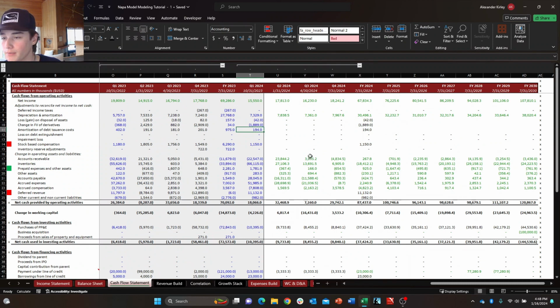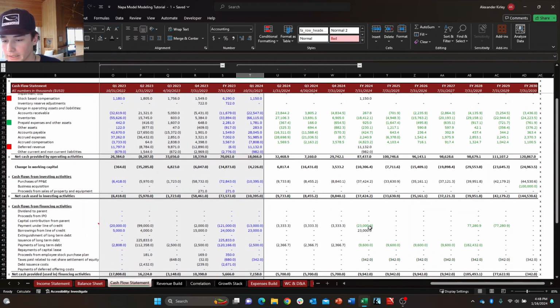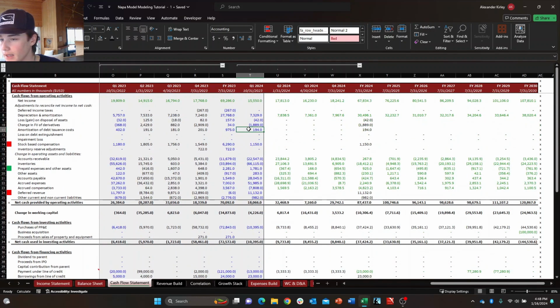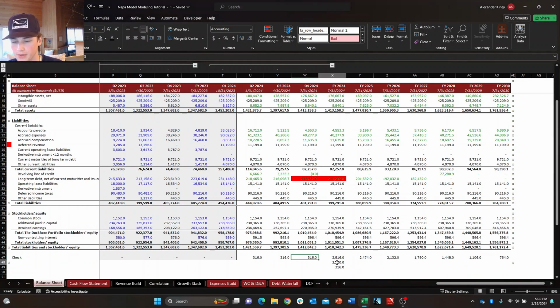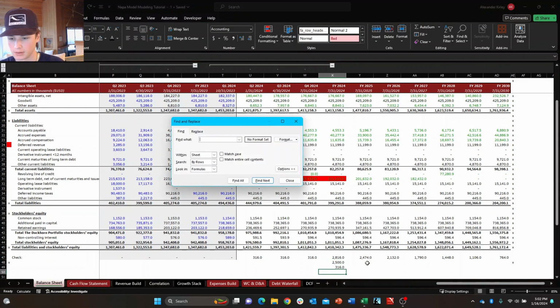possibly a loss or gain on disposal of assets. So this is what we're looking at here as the main difference. Now we have to go and fix it. So now that I see this 2.5 million, what I want to do is search for that 2.5 million.